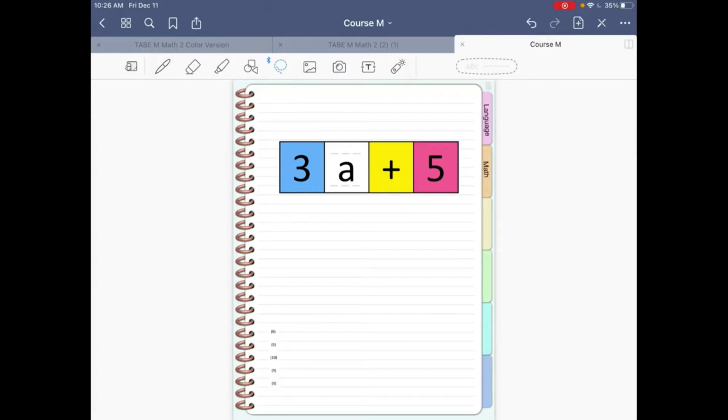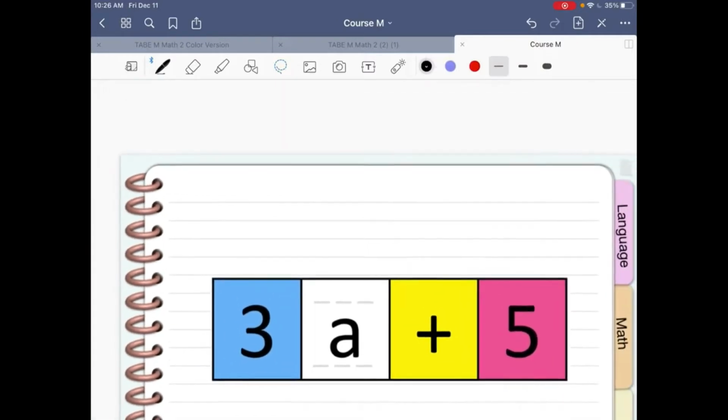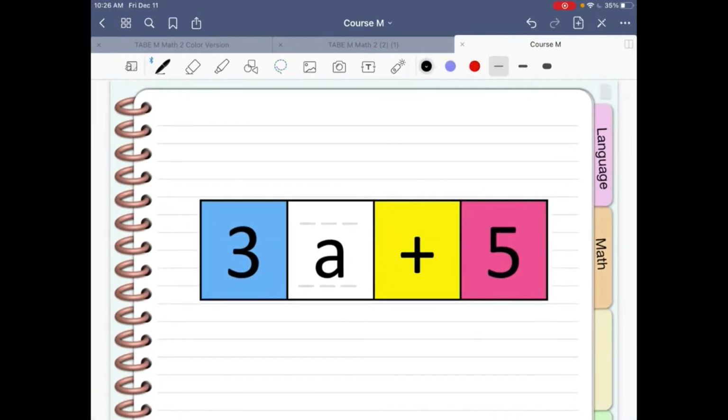In this lesson, we are going to evaluate, and I'm going to tell you what that word means. Algebraic expressions. And formulas.